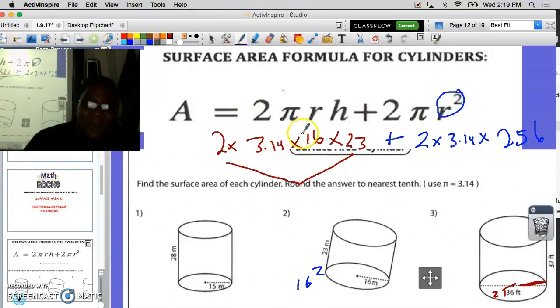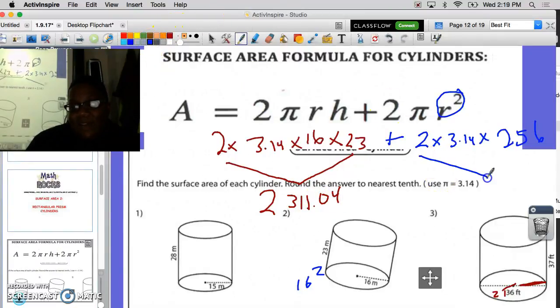Okay, so now we're going to multiply all this. We have 2 times 3.14 times 16 times 23. I get 2,311.04. Now multiply the second half.